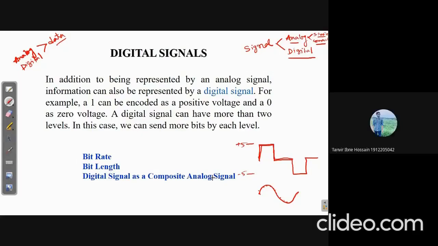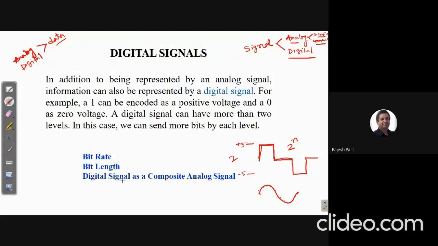Generally, the number of levels is a power of 2: 2 levels, 4 levels, 8 levels, 16 levels, 32 levels, 256 levels, like this. So the number of levels is an exponent of 2.